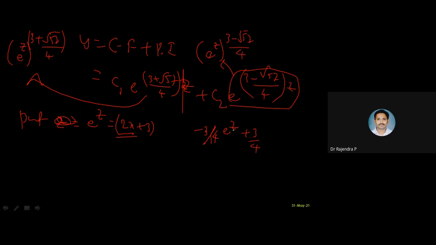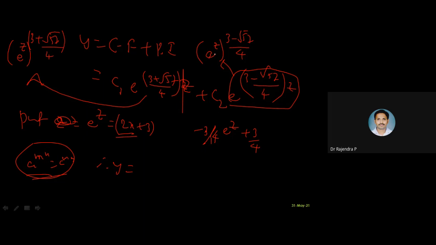Can I write it up or not? You tell me. Yes. A power m whole power n, so a power mn, right? So same thing I am doing. So therefore, your y is here.